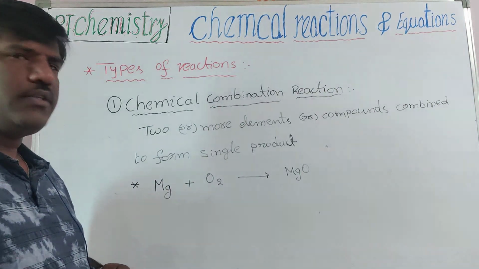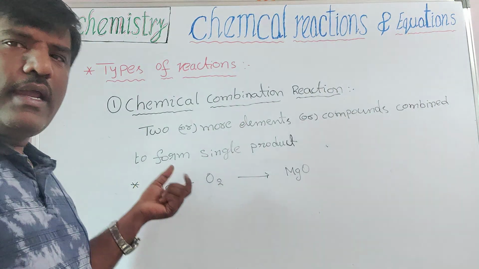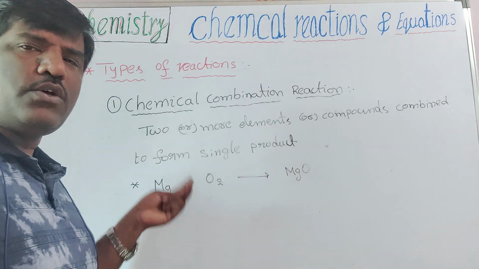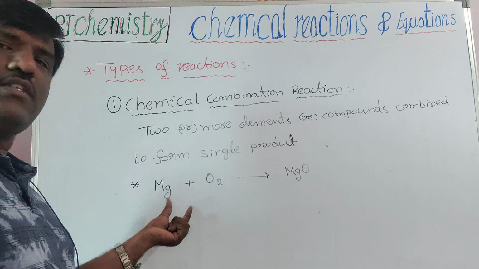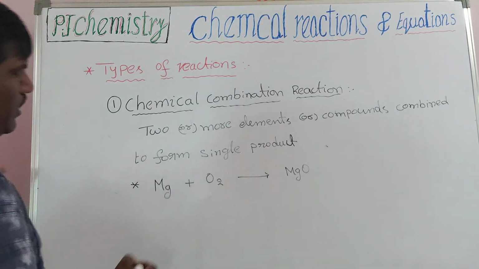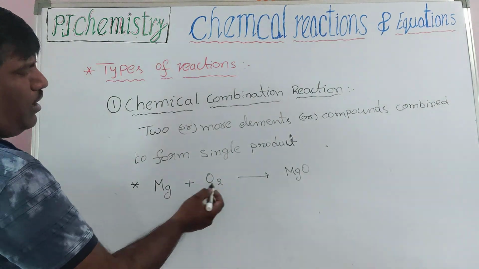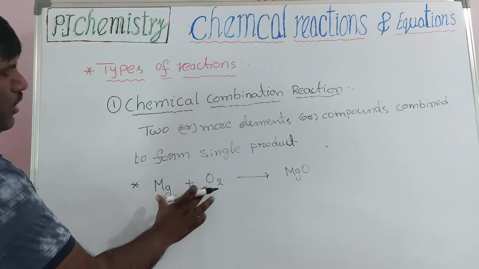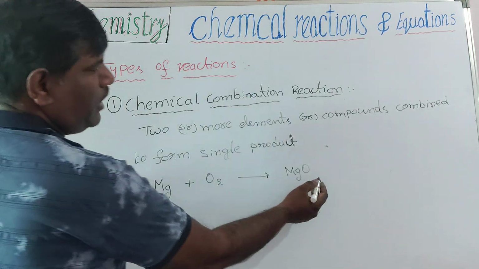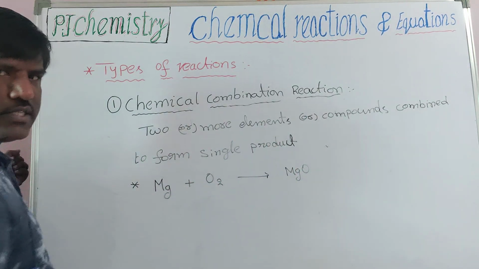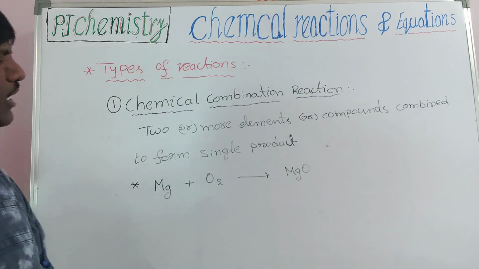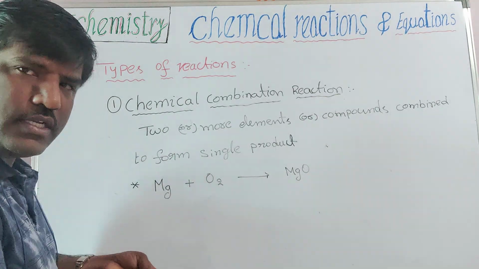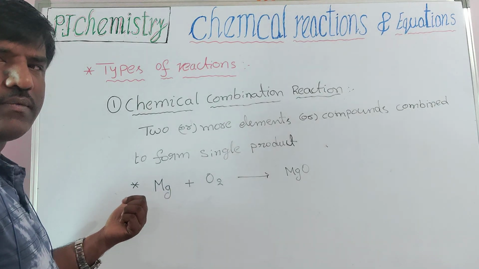So this example belongs to exothermic as well as combination. Magnesium is an element, oxygen is also an element. Two elements combine to form a single product, magnesium oxide. So this can be taken as an exothermic reaction as well as a combination reaction.